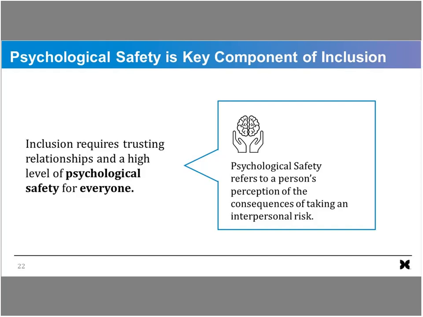And so part of preparing people to succeed is providing them with this needed psychological safety, which refers to a person's perception of the consequences of taking an interpersonal risk, meaning to share an opinion, speak truth to power, raise a difficult issue, or even just ask a question that might not be asked as often as others.